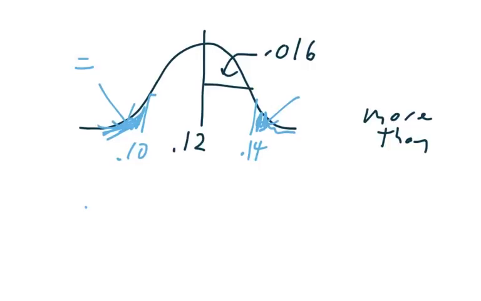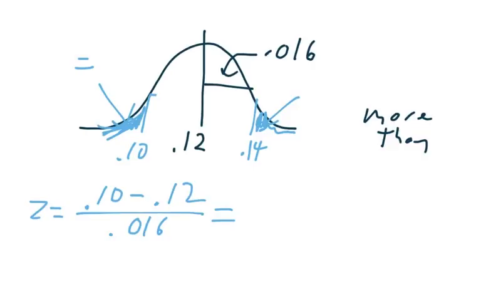So I'm going to find the z-score for 10%. I'm not going to worry about the 14% because I can use symmetry. That gives me a z-score of negative 1.25.